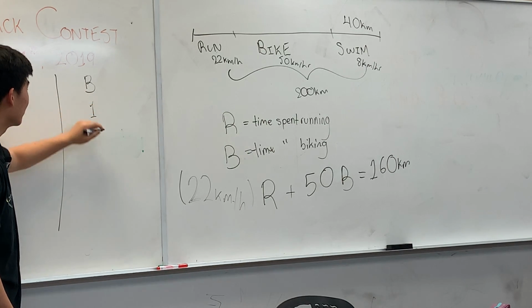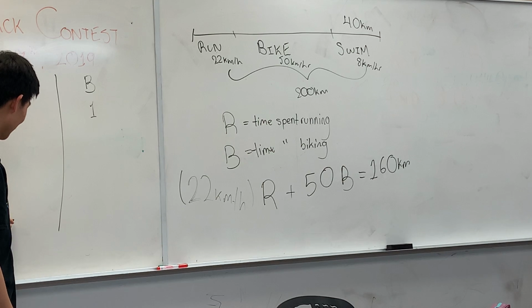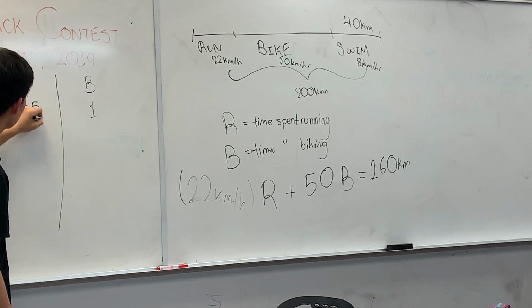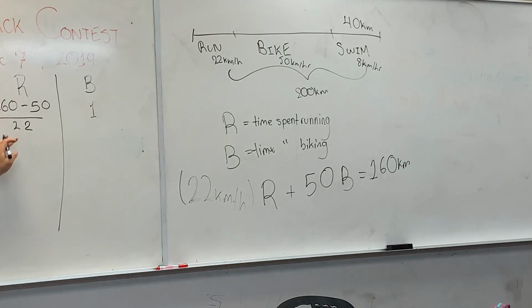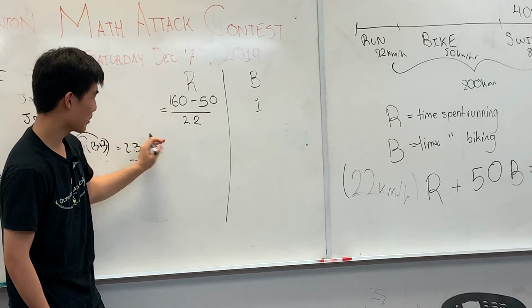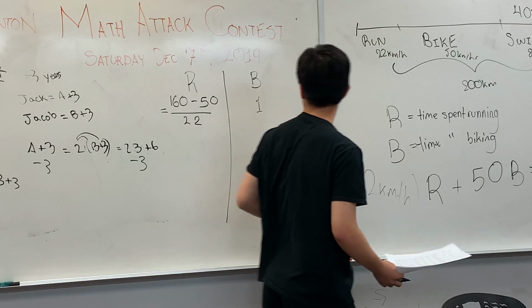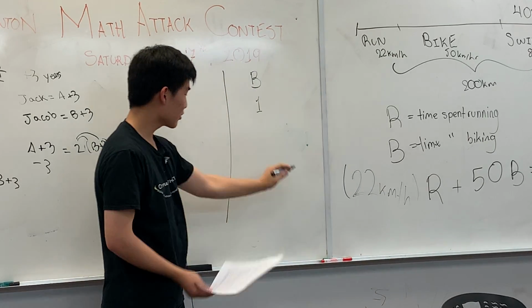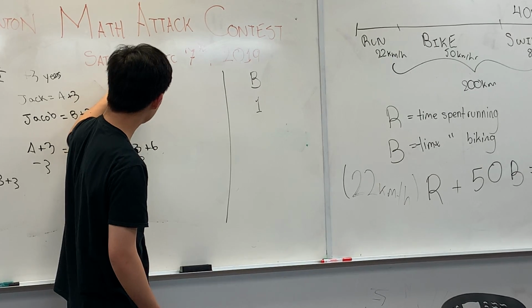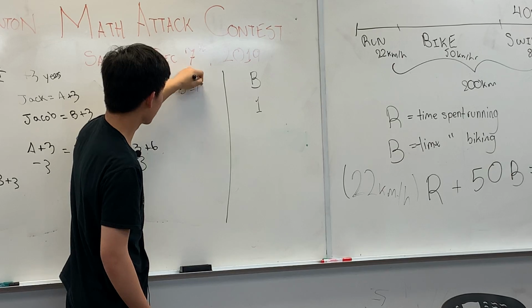So if B was 1, then how do I make this one? You see what I did here? Maybe I should write this out a bit more. So we use our formula 22R plus 50B equals 160.